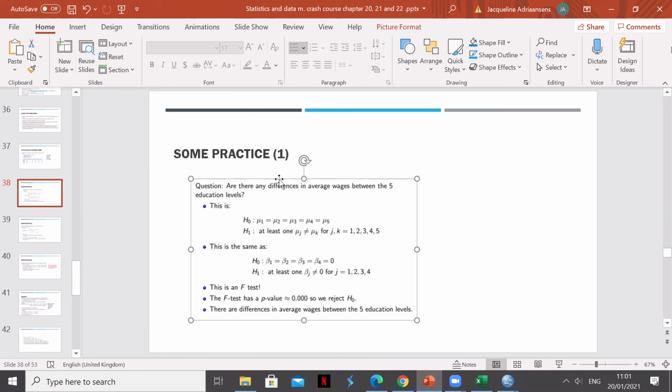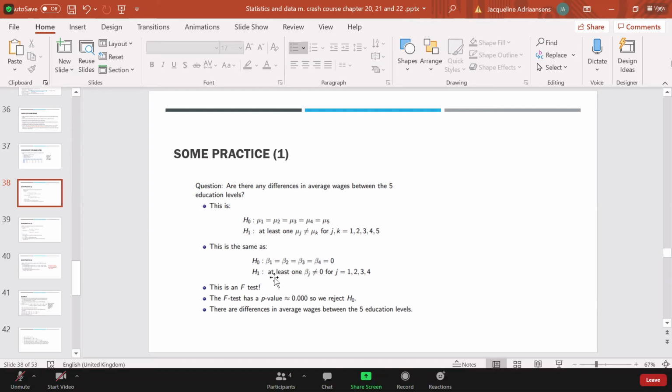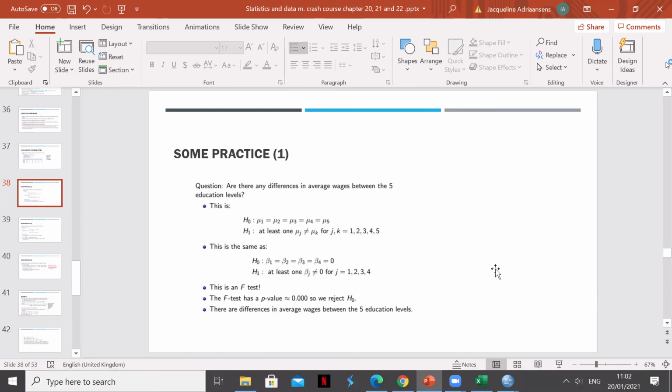So I already always write it down like this. Why beta 1, beta 2, beta 3, beta 4, if you start at dummy 2, right? That would be a very good question. That is because you leave the first level out.